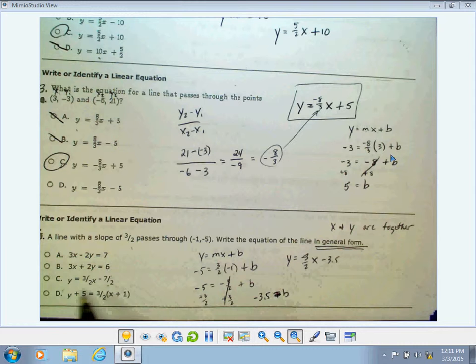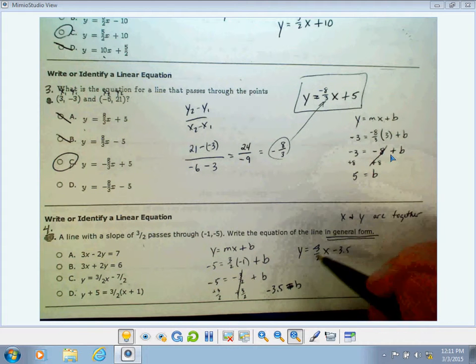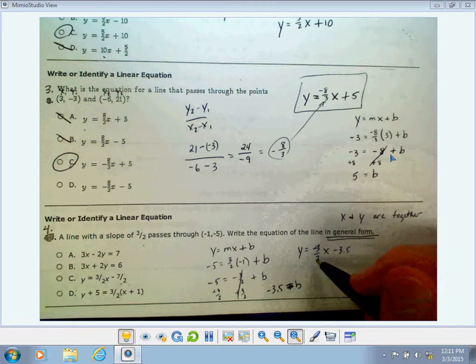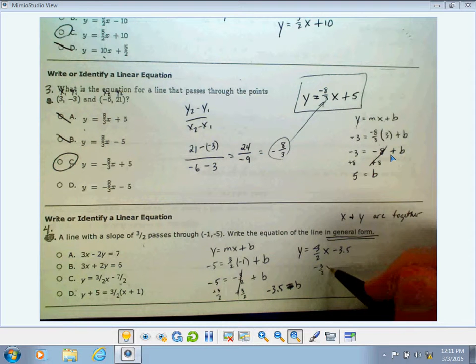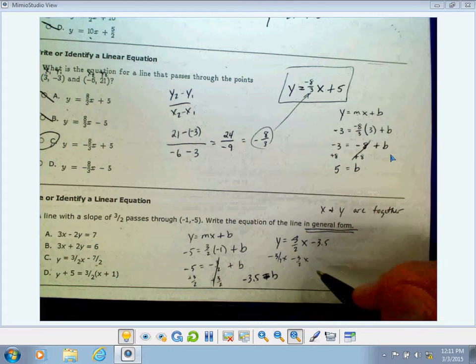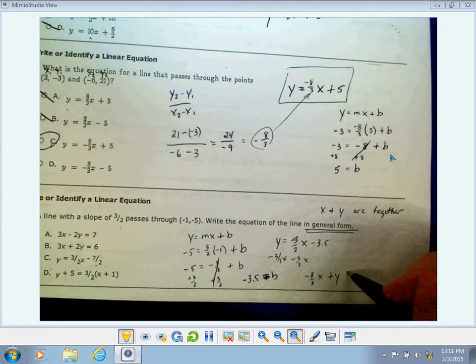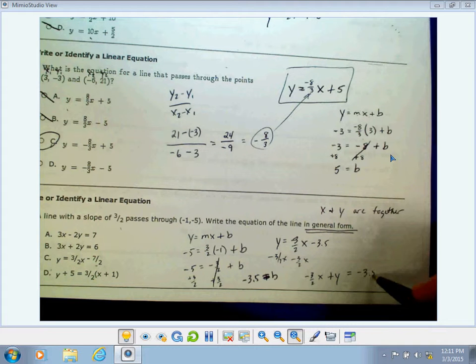So C is actually the same exact equation, but it's in the wrong standard format. So what they want us to do is bring the x term over. So I'm going to bring the x over by subtracting 3 over 2x from both sides. So I'm going to get negative 3 over 2x plus y equals negative 3.5.